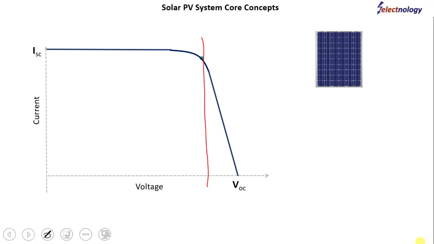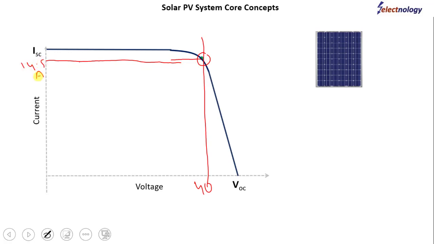The reason is that every PV module has a certain limit of supplying maximum current or supplying power to the load. Assume that at this point the voltage is, let's say, 40 volts and the current is 14.5 amperes.